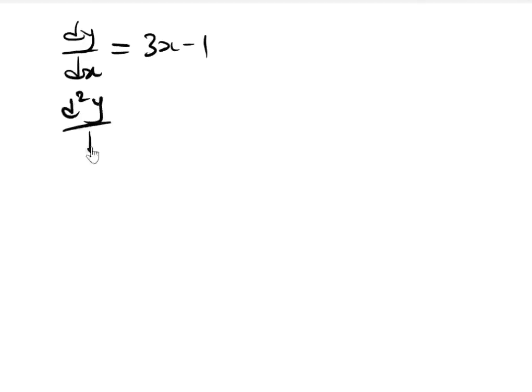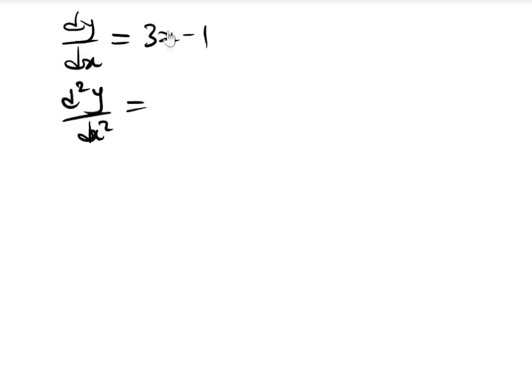We already have dy/dx to be equal to 3x squared minus 1, and d²y/dx² will be equal to, differentiation of this further will be 6x, and differentiation of a constant is 0.